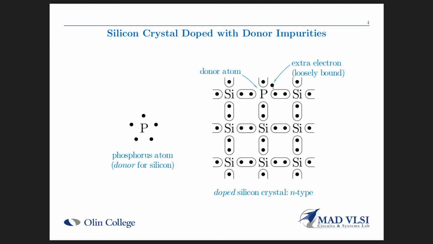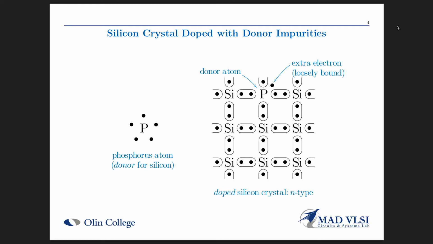But there's this extra electron that's hanging out here, and that extra electron, it turns out, is only very loosely bound to this particular lattice site. It only takes about maybe 50 millielectron volts to liberate this loosely bound electron from the lattice site. And so at room temperature, practically all of these group 5 atoms would have that happen. Each phosphorus atom that we introduce into the silicon crystal then comes essentially with a conduction electron.